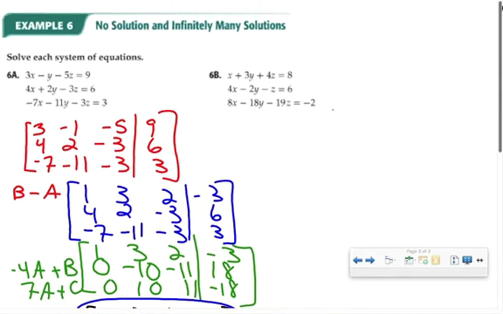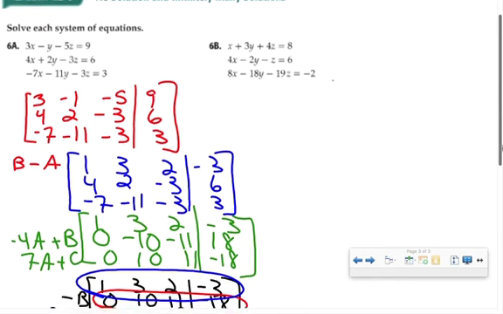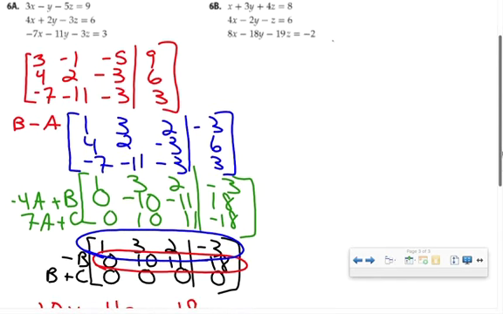In my next system, I kind of lucked out a little bit in that there's an equation with a leading coefficient of 1. And I hope you don't mind, I'm going to try to save a little paper again. I'm going to take the first equation and multiply it by -4 and add it to the second equation.